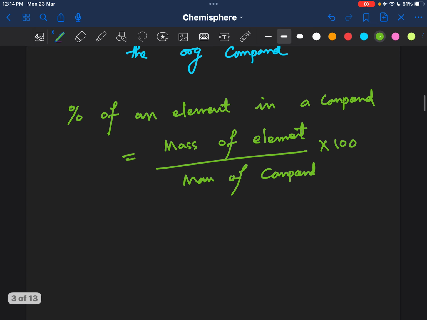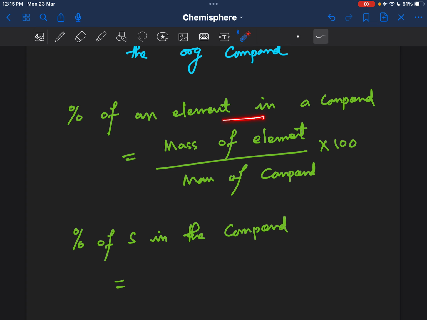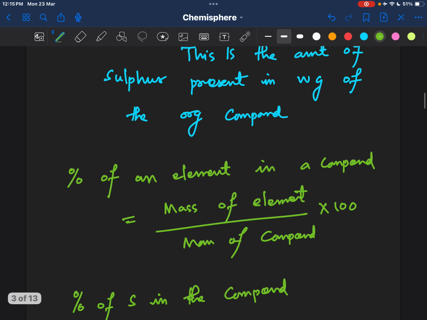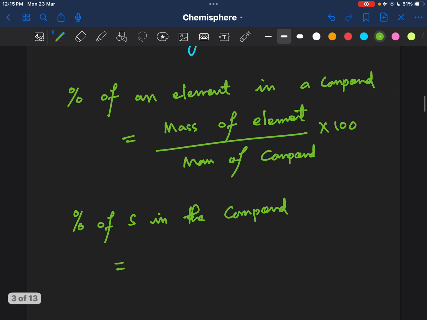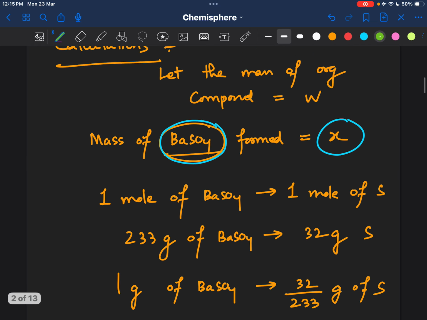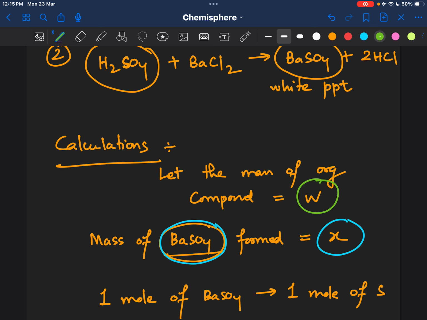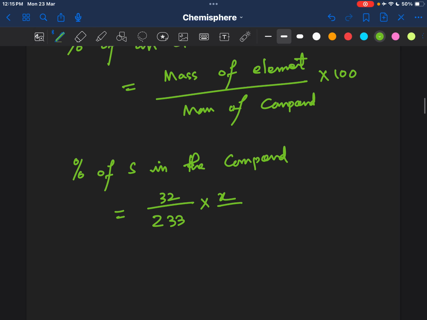So to find the percentage of sulfur in the compound, in the numerator we will have the mass of sulfur, which we found is 32 by 233 into x, and the mass of the compound that we have taken is W. So 32 by 233 into x by W into 100.